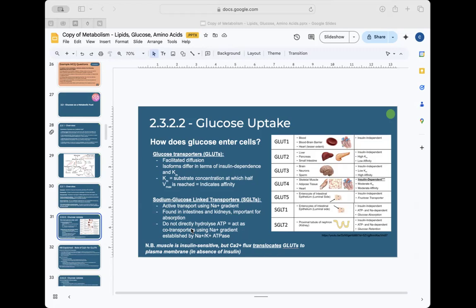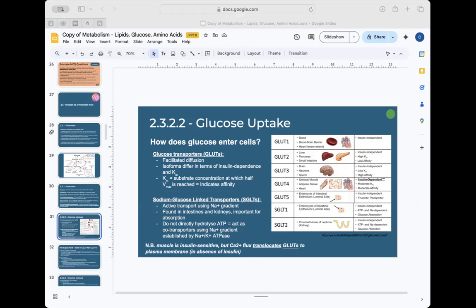Each of the isoforms differs in insulin sensitivity and affinity for glucose, and that's Km. I think that's on the table as well. Yep. So, for example, glucose transporter 4 is insulin dependent and found in muscle and fat, whereas glucose transporter 1 is always on and great for tissues like the brain or red blood cells that need that constant glucose supply.